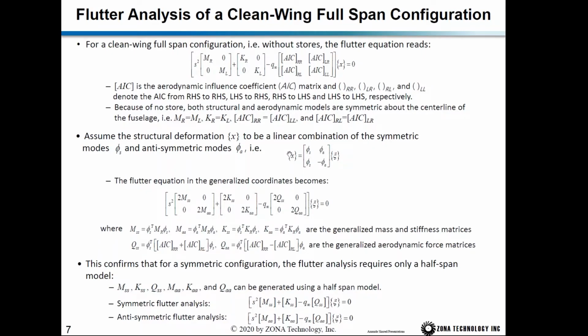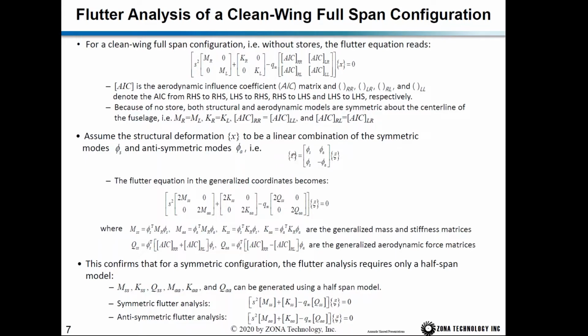So if we only have a half-span model, then we can generate a symmetric mode and an anti-symmetric mode, and we construct a full-span mode. Because of the symmetric mode, the right-hand side equals the left-hand side, and because of the anti-symmetric mode, we put a negative sign here.